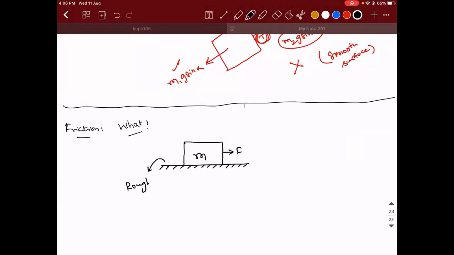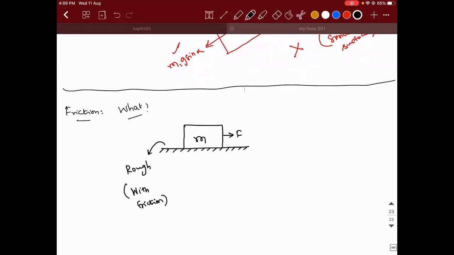Now, if I consider the surface to be rough, means there is friction present, and let's say this force is not sufficient and the object is not able to move, then what will you say is the reason behind it?